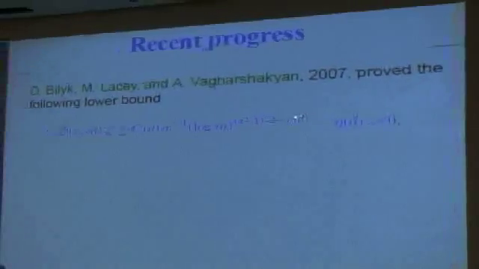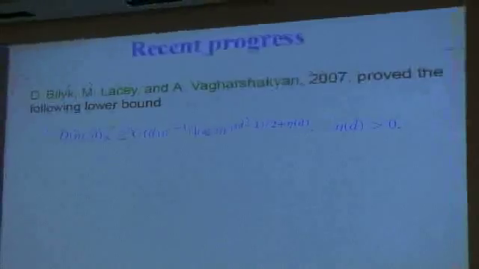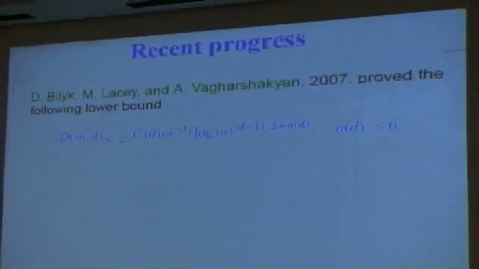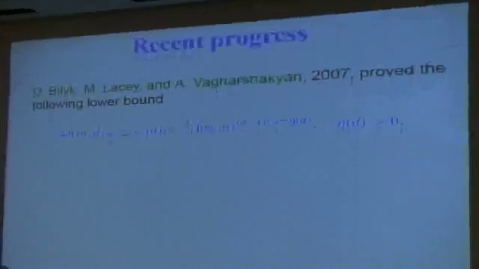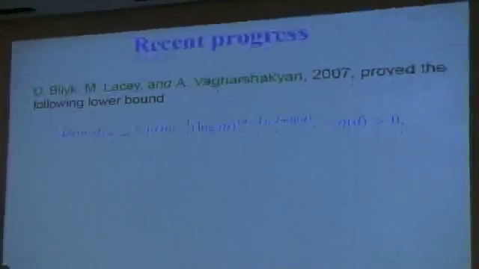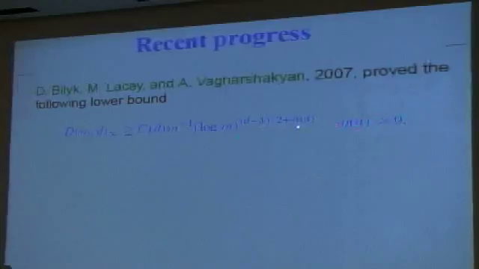If you look at this, as I said, the case when this eta is equal to 0 is a direct corollary from the L2 estimate, which was proved by Roth. And they proved that there exists a positive number, which may depend on d, but anyway it is a positive number, such that this is the right lower estimate.